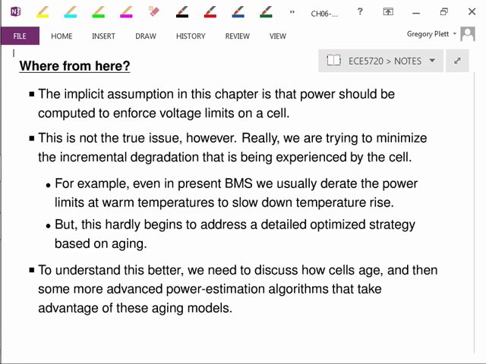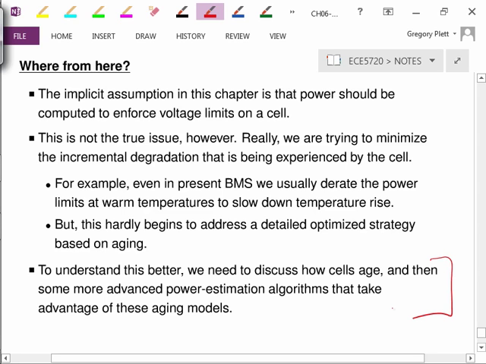So our next chapter is going to look at this just a little bit. We don't have much time left in this course to do a really detailed investigation of power limits based on electrochemical models. Hopefully we'll have a future course that looks at that. But at the moment, we want to at least have a glance to look at the ideas.